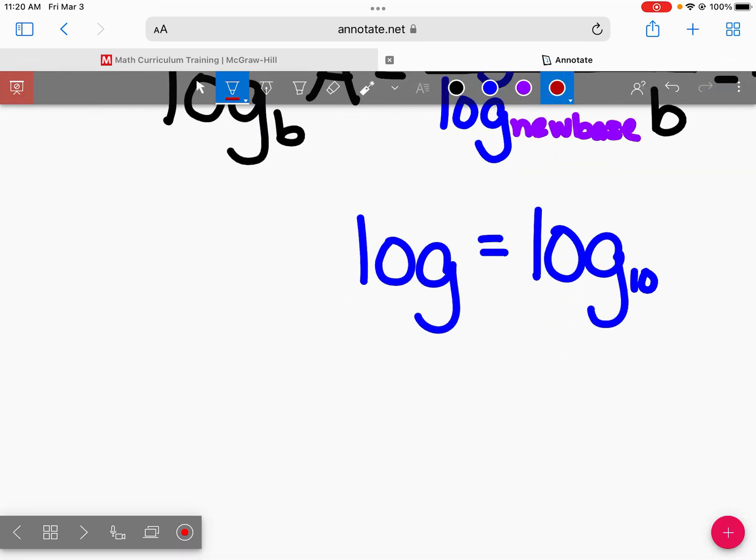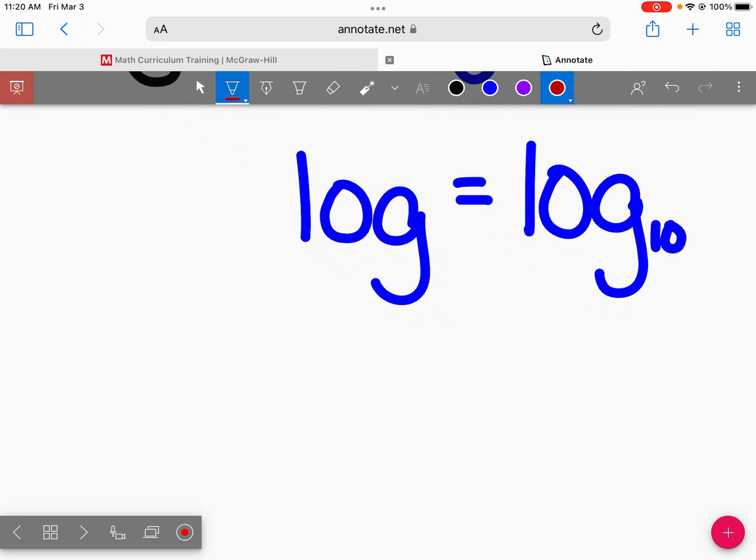We learned another one on Wednesday. What did we talk about on Wednesday? It was log base E. And how do we abbreviate that one? LN.